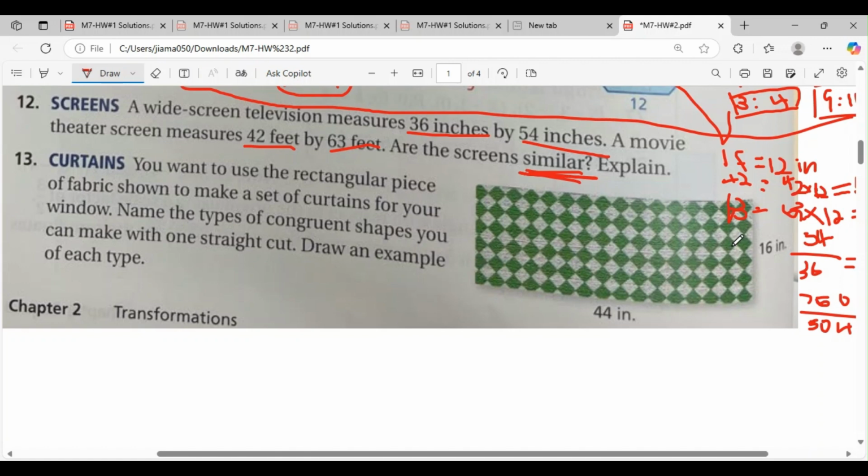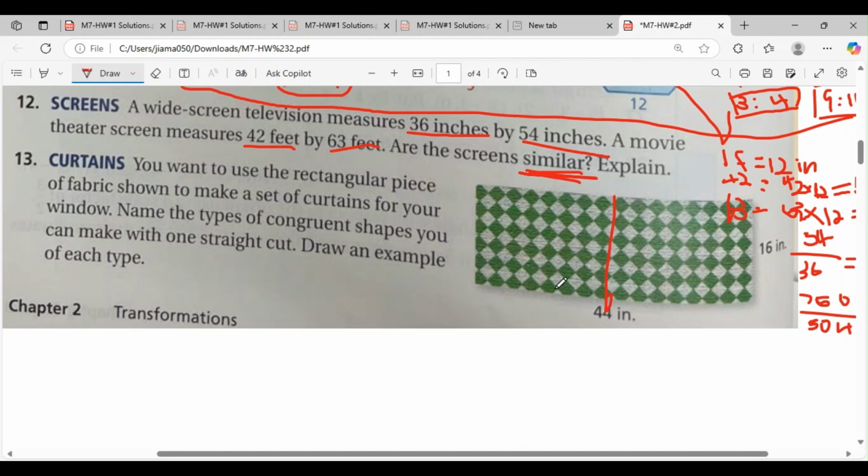So we can cut it through the middle of this one like that. This is one way.